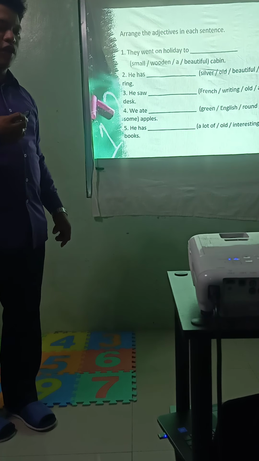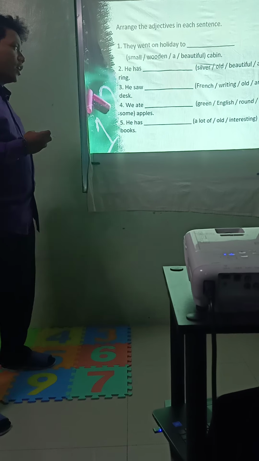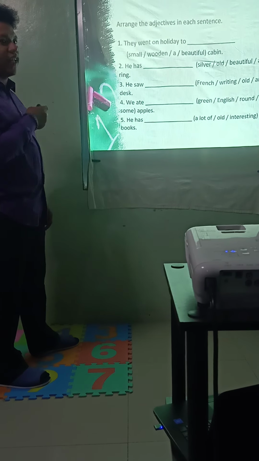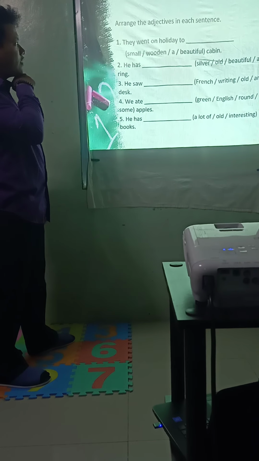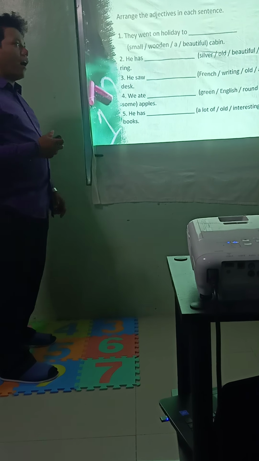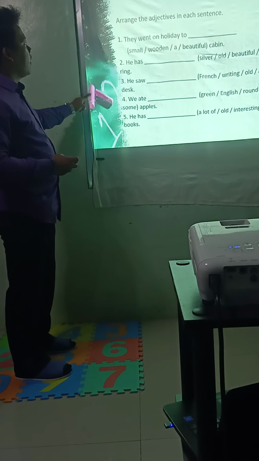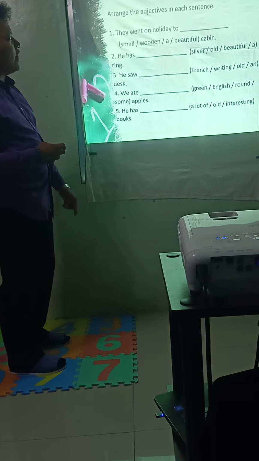Okay, so before we end this session, we are going to arrange the adjectives in each sentence, so that we can assess if you have attained the appropriate competency. Number 1, they went on holiday to blank.